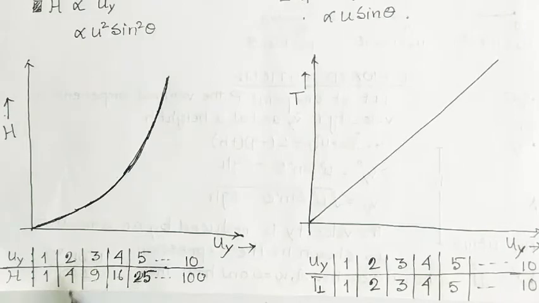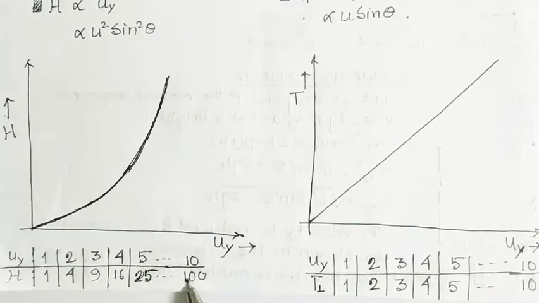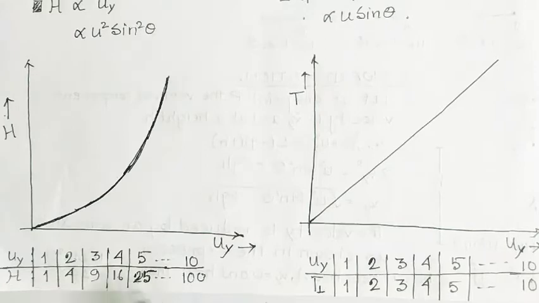If uy becomes 3 times, then it will be 3 square, 9 times. If uy becomes 4 times, then 4 square, 16 times. If uy becomes 10 times, then it will become 100 times. So it is a square variation: 1, 4, 9, 16, 25, 100.